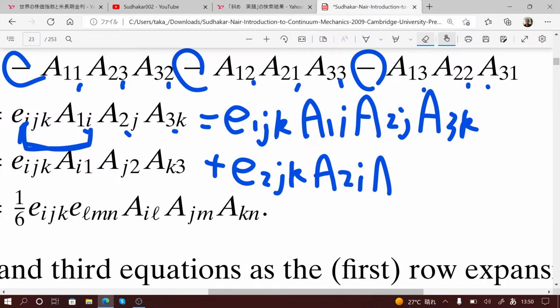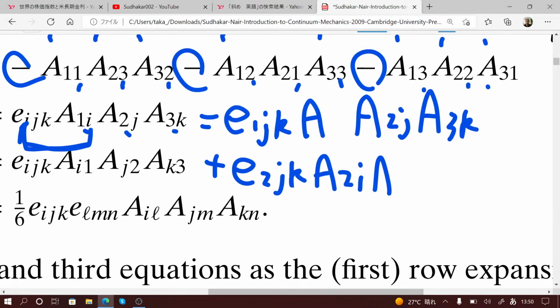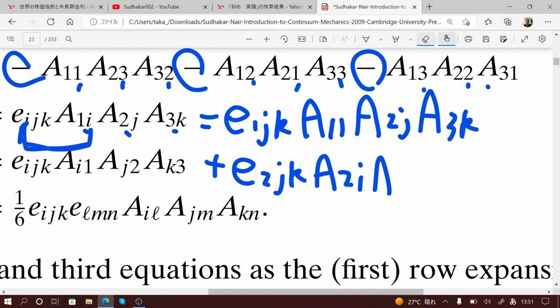I here is 1, right? Now we are considering a summation over i.